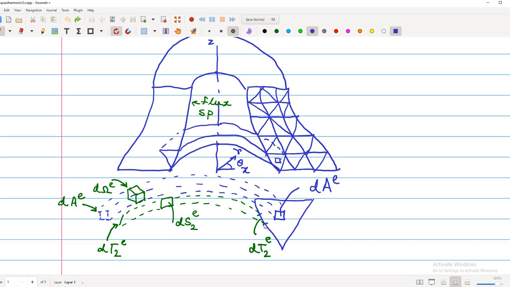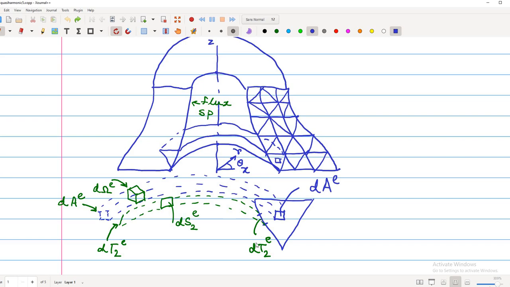This whole circular surface is s2e, and this is ds2e, and this is d gamma 2e.